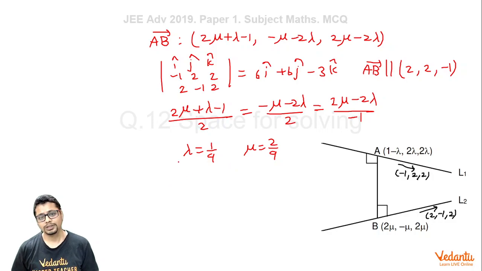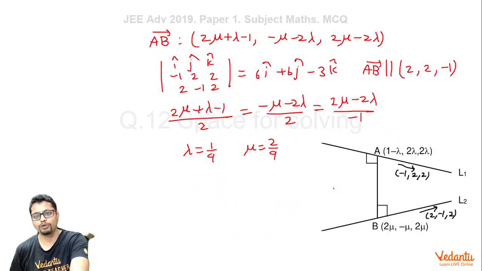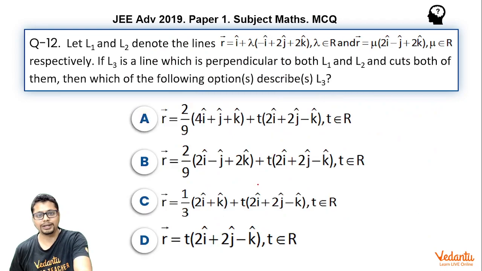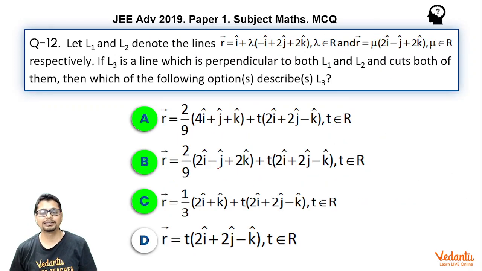Here, as we have already seen, the points will turn out to be A, 8 by 9, 2 by 9, 2 by 9, and B, 4 by 9, minus 2 by 9, 4 by 9. And also, the third option you may check by making the j cap component 0, and hence you would ultimately again get the options A, B, C as correct options.